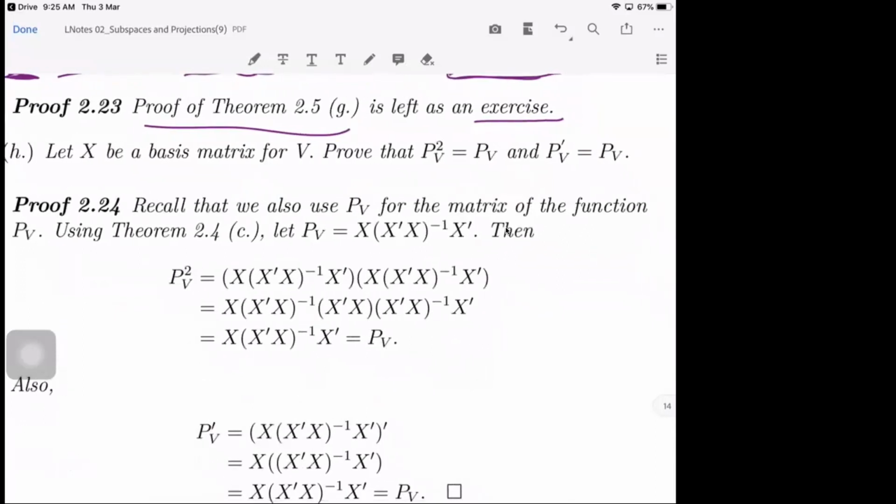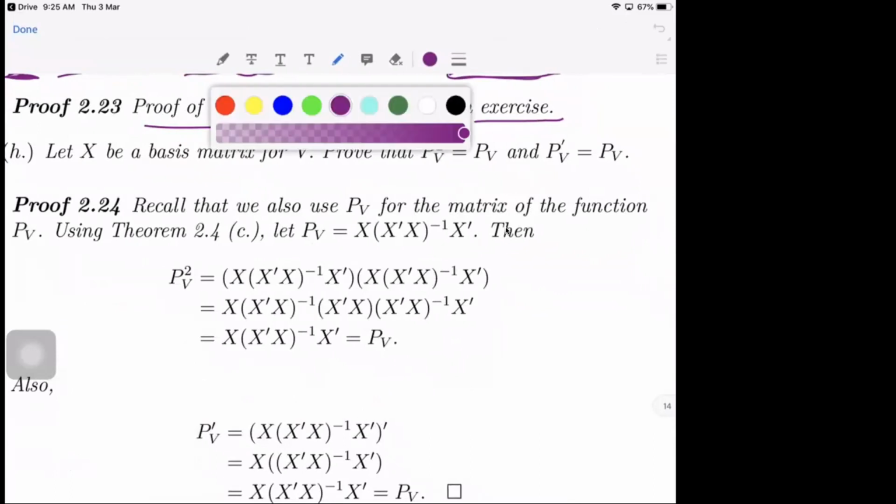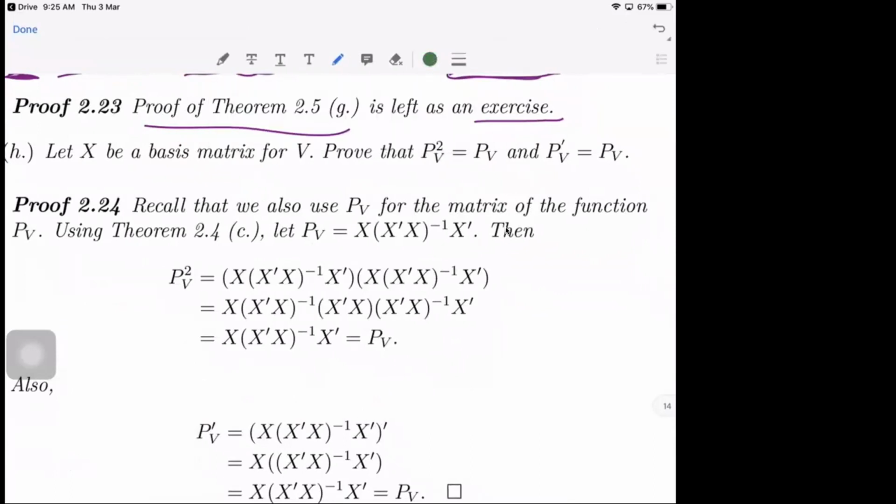Okay. Next, we have H. H is, let X be a basis matrix. Then we are to prove that the square of the projection is just the projection, and the transpose of the projection is still the projection as long as X is a basis matrix.